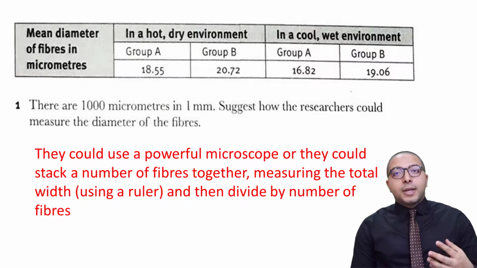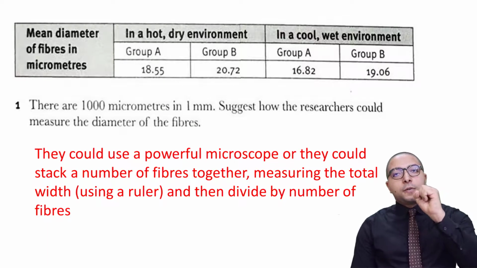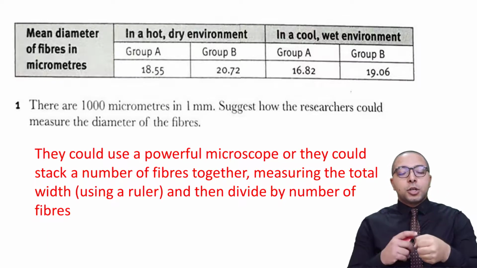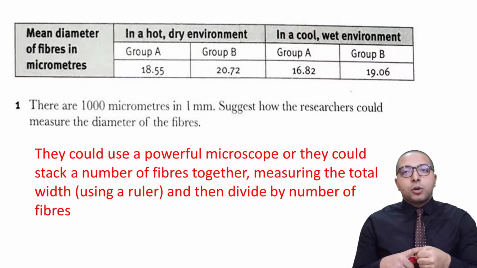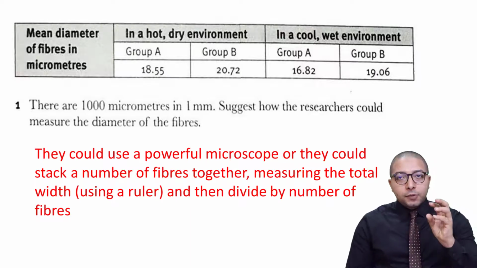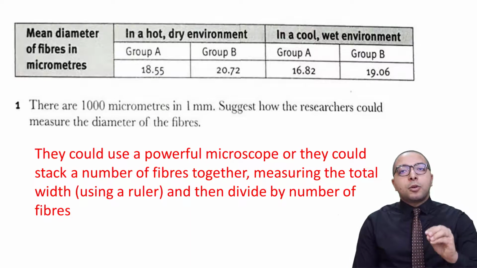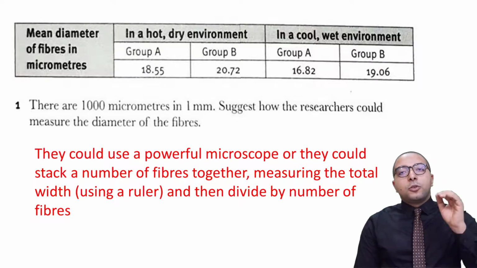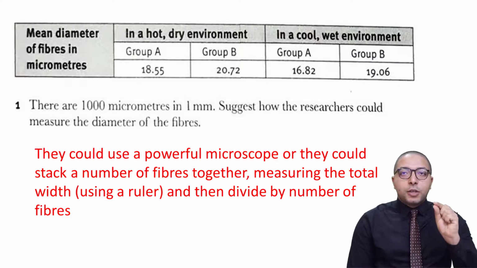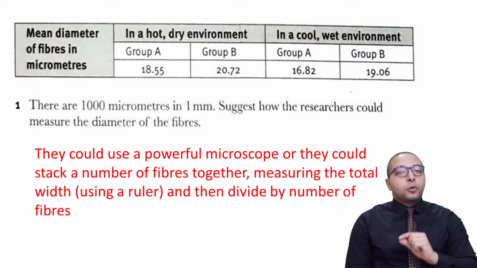If not, we can get a stock of fibers, and we need to know how many fibers we used, and then we can measure the width by the help of a ruler, and then we can get this value and divide it by the number of the fibers that we have included in this stock. So we're going to get the value of each fiber on its own.